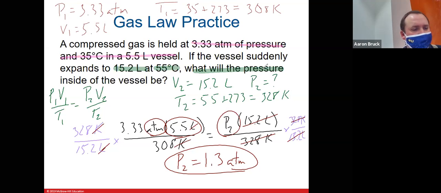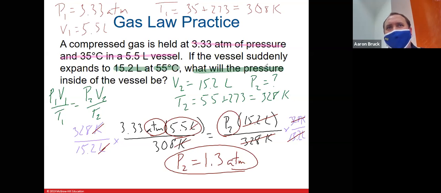So once again here we see, and this is always going to be the case, large volume expansions are going to have way more impact on pressure than modest temperature changes. And it comes down to that idea of what's going on as far as the temperature is concerned.